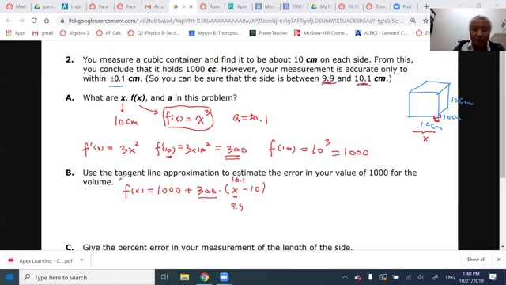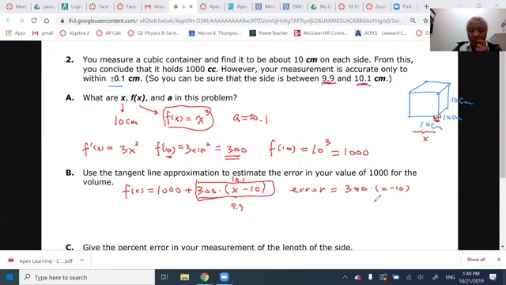So right now they ask you to use the tangent approximation error. This part is where the error comes from. So the error will be equal to 300 times x minus 10. That's the error, okay?